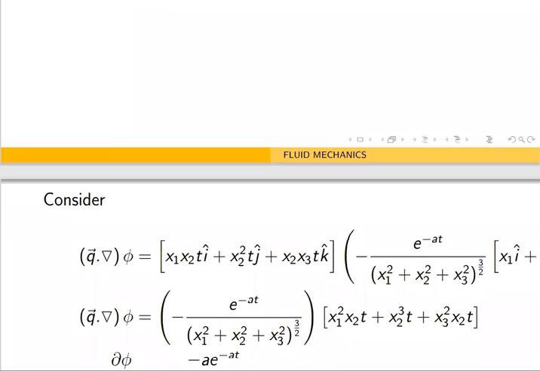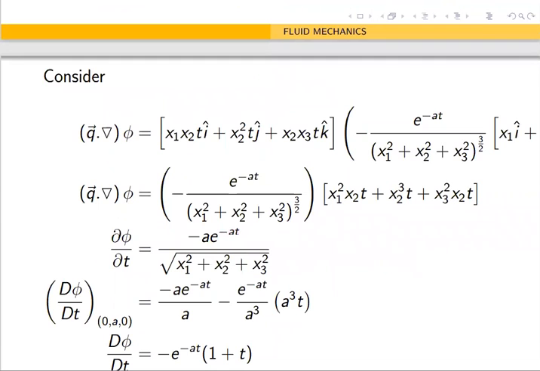Okay. Now let us consider this q dot del phi. So gradient phi we have already found, right? And q they have given, this is v1, v2 and v3. So v1 i, v2 j, v3 k, that's nothing but q.